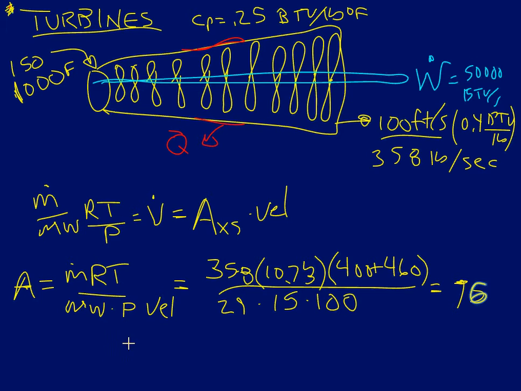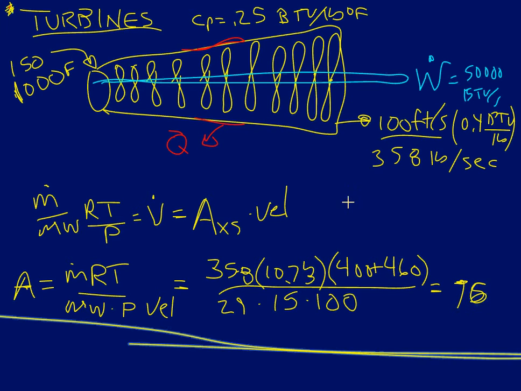So let's just recap a little bit. We're looking at turbines, and the way a turbine works is you put in very high pressure gas, and as the gas expands, its velocity starts to go up and it's impinging against these blades.